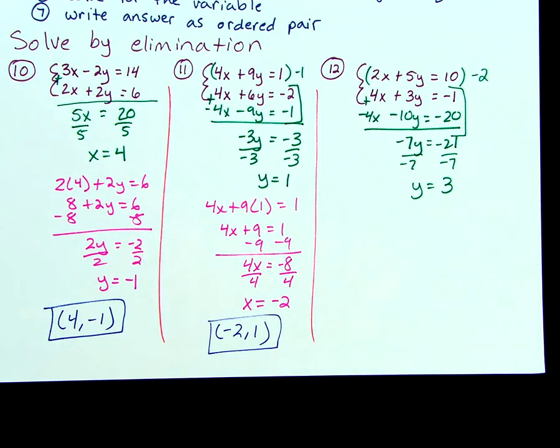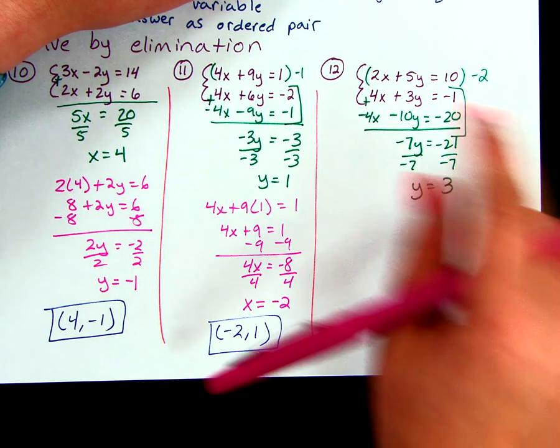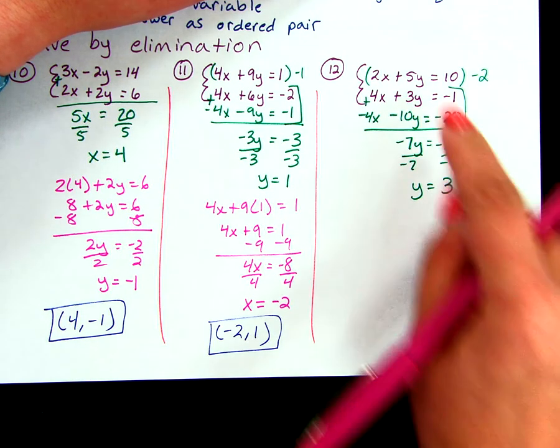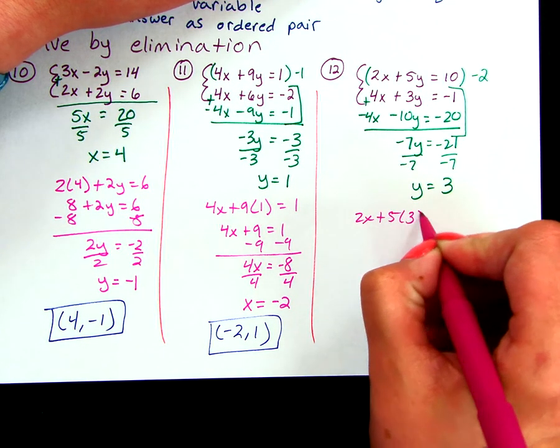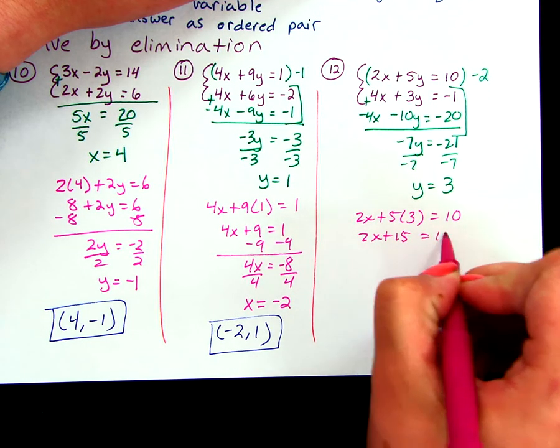For our next step, we're just picking either the top equation or the second one and substituting in. I think I'm going to pick the top one, and again, it doesn't matter which one. I'm going to substitute 3 into the y. So 2x plus 15 equals 10.